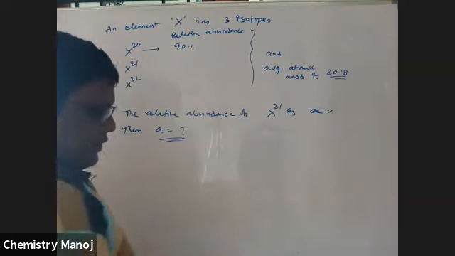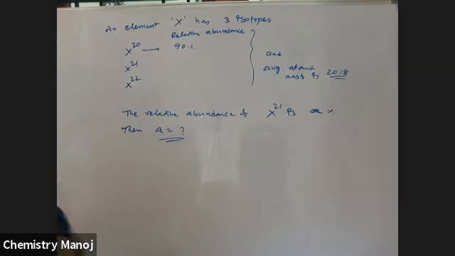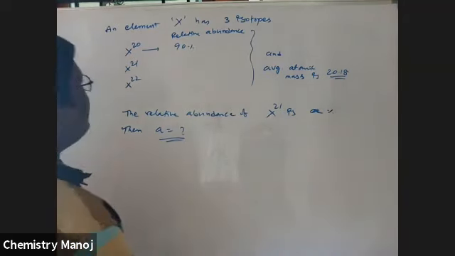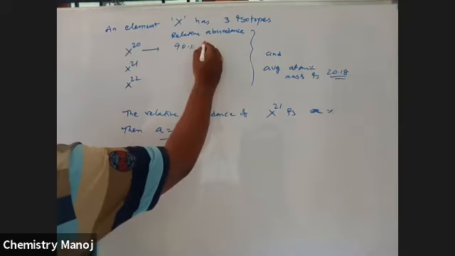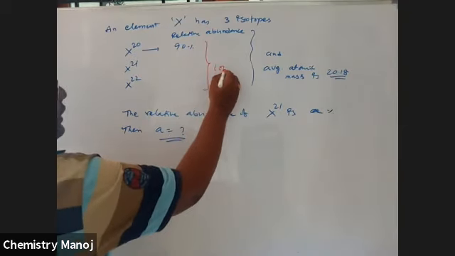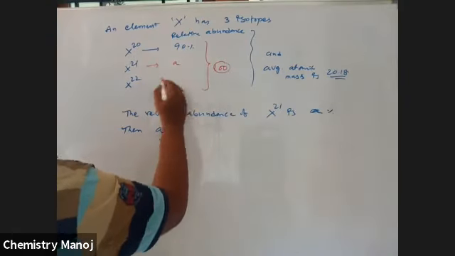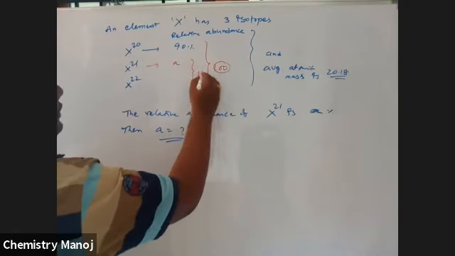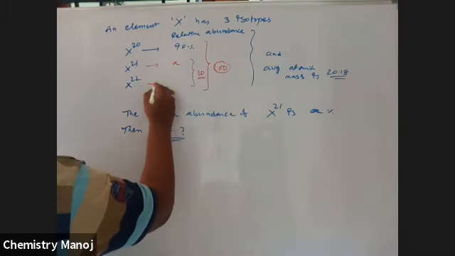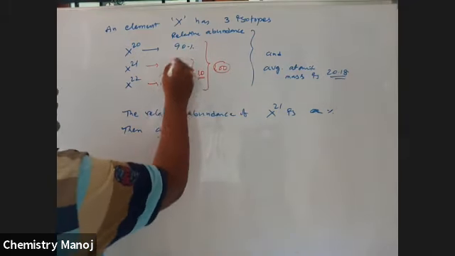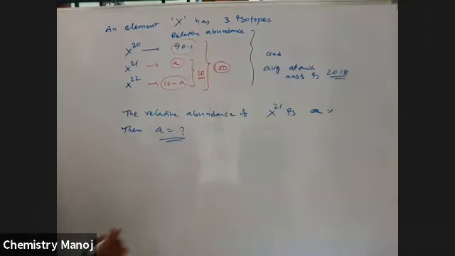If X20 is 90, the total is 100. X21 is A, so X21 plus X22 is 10, because the total is 100. X22 is 10 minus A. These are the relative abundances.